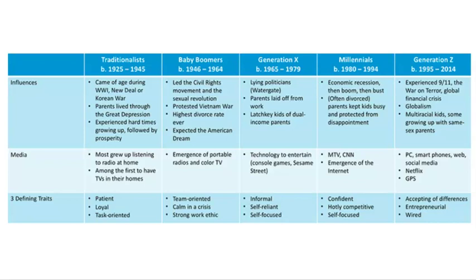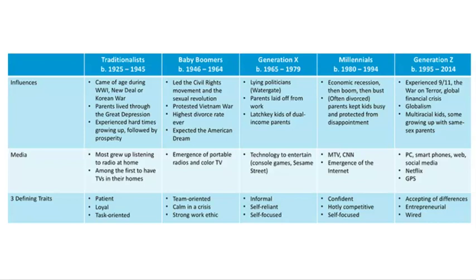Technology, such as game consoles and entertainment like Sesame Street, was big when Generation X was growing up. They tend to be informal, self-reliant, and self-focused. In other research that I've seen, Generation X tends to be very good at researching products that they want to purchase.